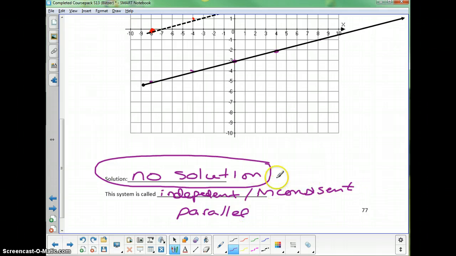Independent means that the two lines are distinct and different, and inconsistent means that there is no solution. And the reason behind that is because the two lines are parallel. So these are just a couple of the words you might see associated with a problem like this. It's a set of two independent lines, but it's inconsistent, no solution, and because they're parallel. The formal answer to this would be that this system has no solution. All right, let's look at the next one.